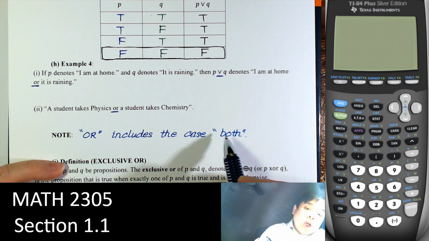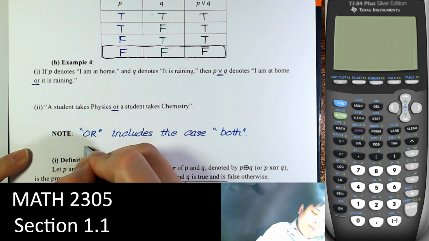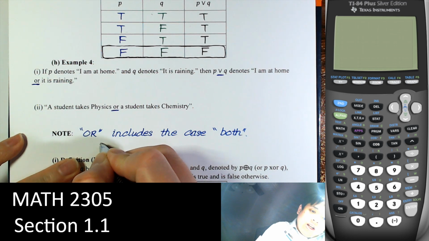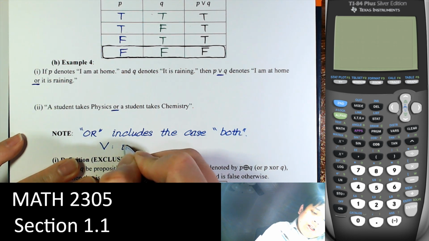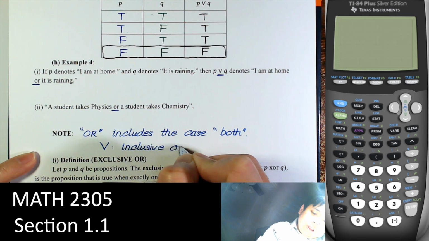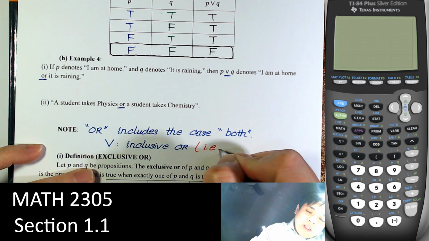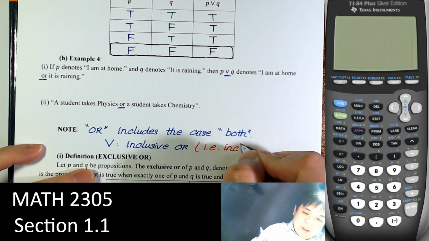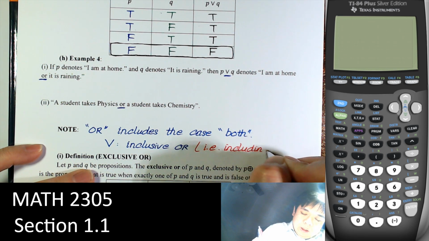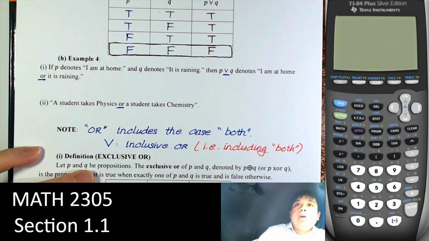Because that includes both, we call this the inclusive or. So we say the disjunction is the inclusive or, meaning including the case when both of them are included.